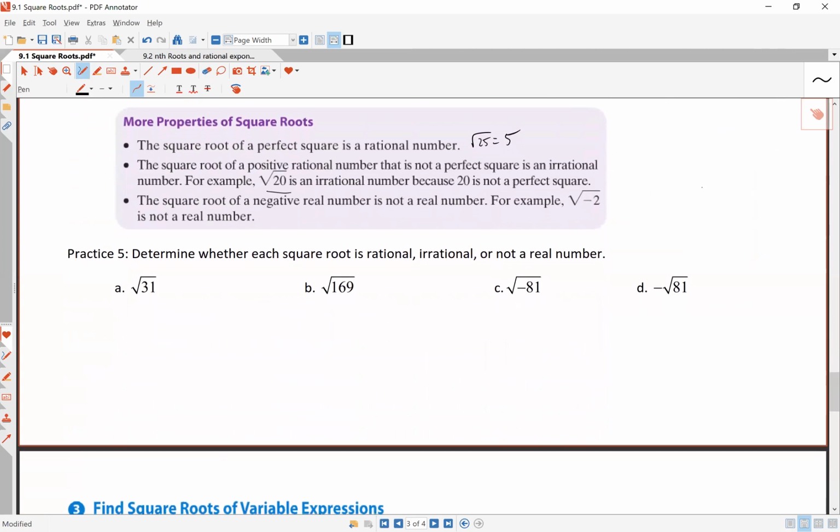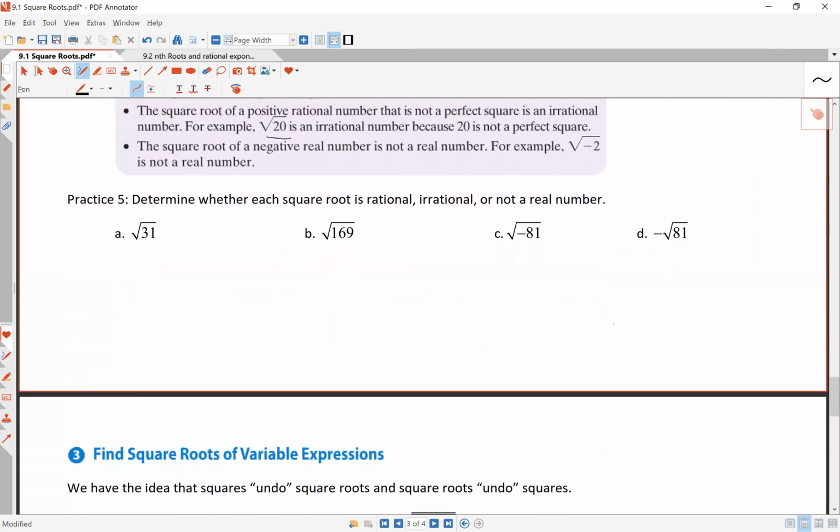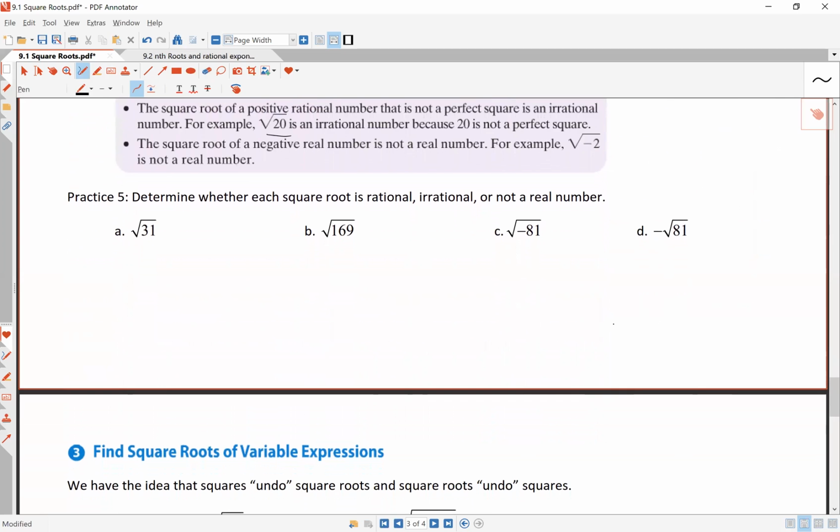So now we have three types of radicals going on here. Letter A, non-perfect square? Letter B, we have a perfect square. Letter C, we have a negative number.